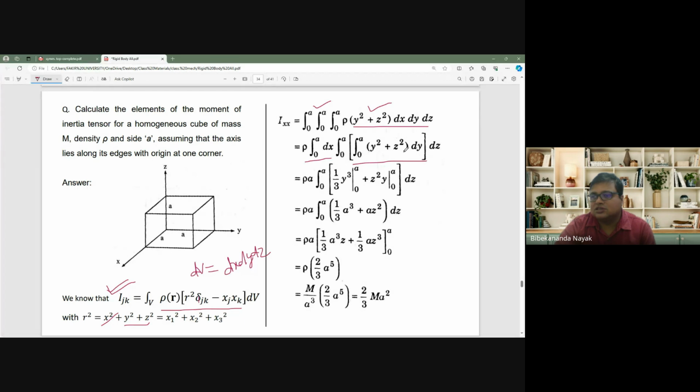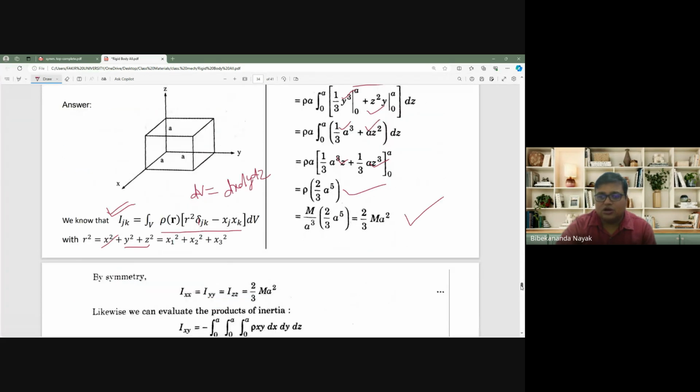Then integrate with respect to y: y cubed by 3, plus z squared y. Putting the limits 0 to a, it will be a cubed by 3 plus a z squared. Integrating z again gives z cubed by 3, and putting in the values we get 2 by 3 a to the fifth. So we found Ixx is equal to 2 by 3 rho a to the fifth. In place of rho, mass per volume, I can write m by a cubed, giving 2 by 3 m a squared.